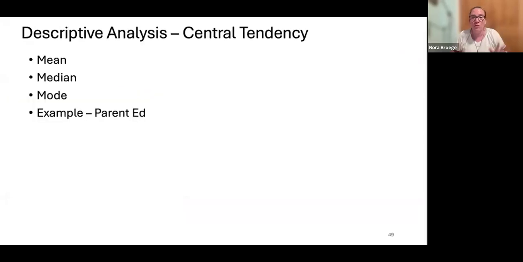All right, so these are your mean, your median, your mode. You can only compute measures of central tendency for ordinal or numeric variables. And even for ordinal, it's sometimes tricky, but you need an order to things.